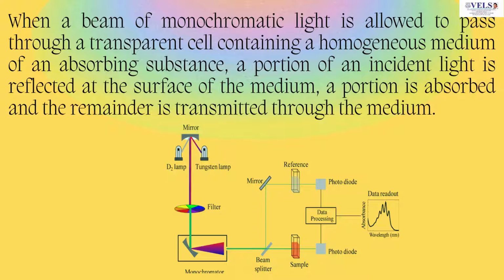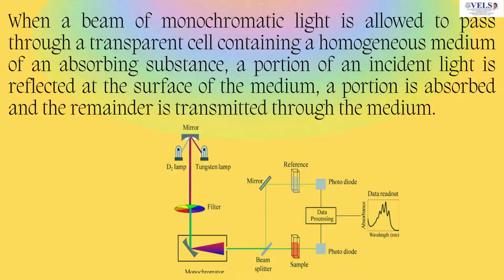Then the radiation goes to the sample and a reference cell, where we keep our testing substance. The sample will either absorb the radiation or transmit it. Once the radiation crosses the sample and reference, it passes to the detector.